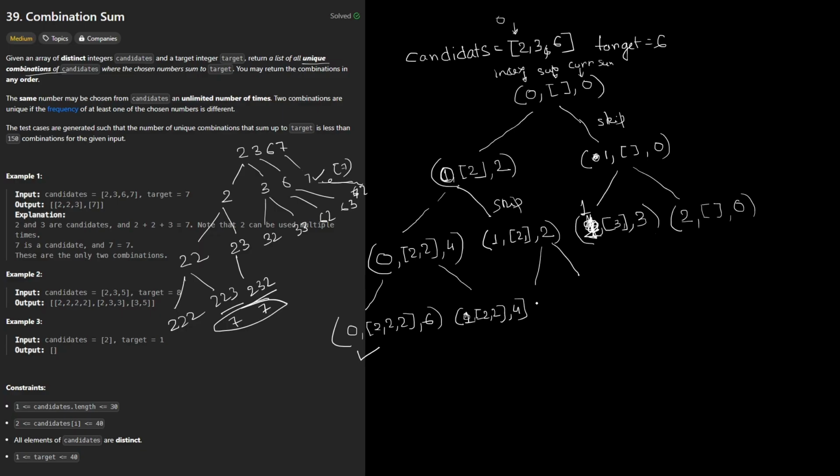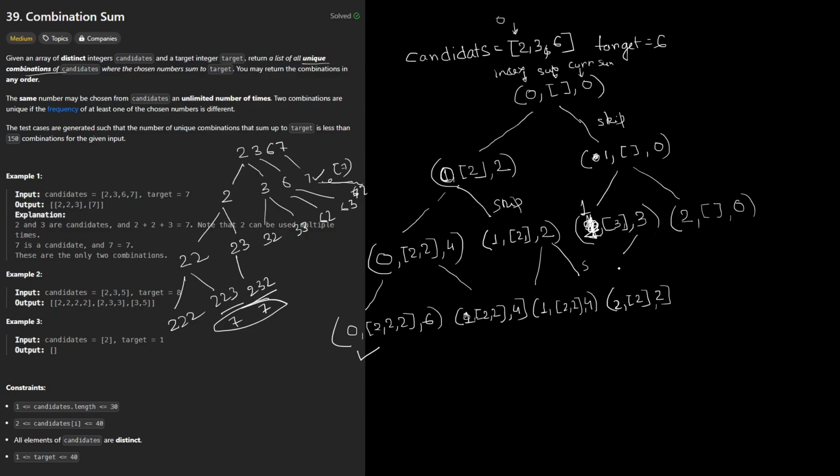One would be adding it up. The other would be to skip it. So now the current value would become 2 with index 1, and the sum is 2.